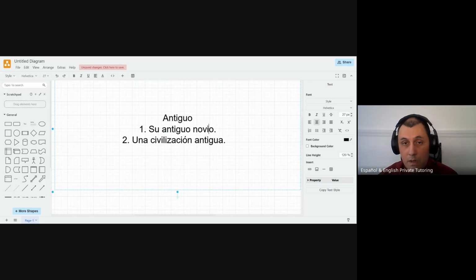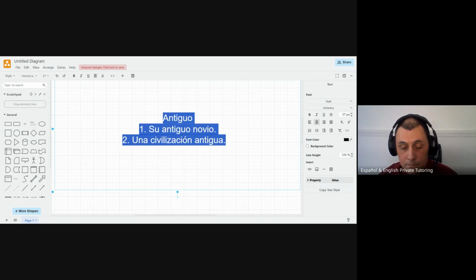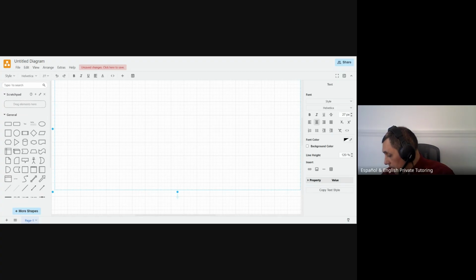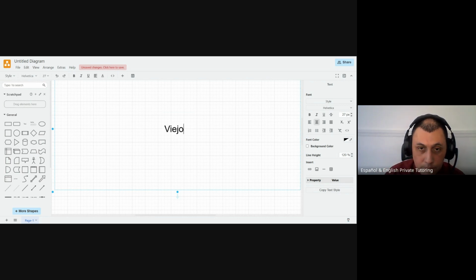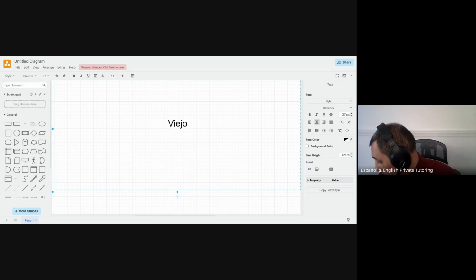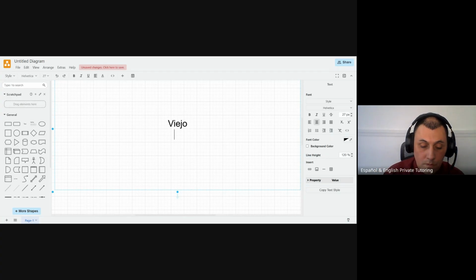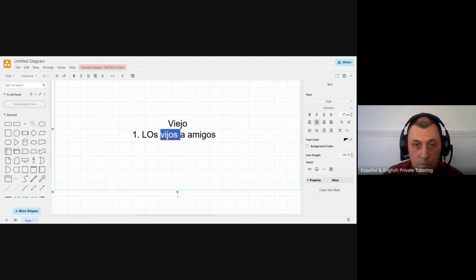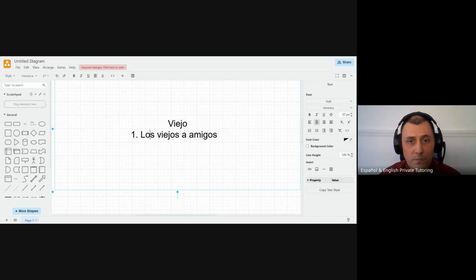Let's go now to page 111. And I'm going to explain viejo. So the first sentence the book is giving here is los viejos amigos, which means the long-time friends.